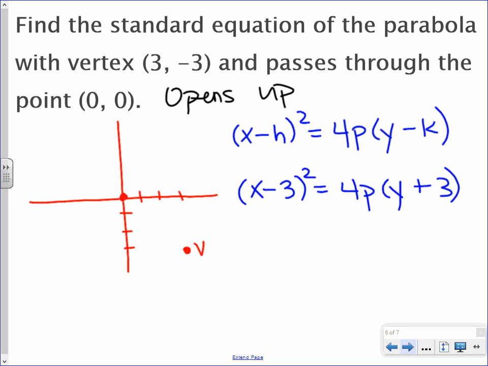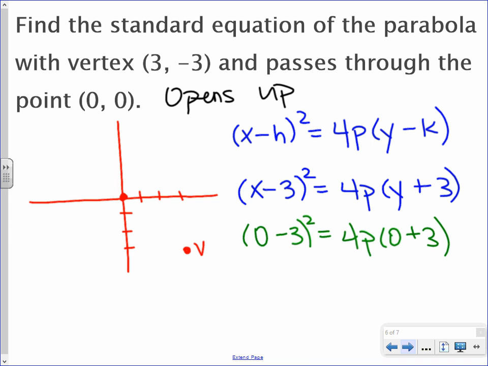Sounds kind of nice, doesn't it? If a point is on our graph, that means it satisfies the equation. So yes, we can plug 0 in for x, 0 in for y, since (0, 0) is a point on our graph. And that should satisfy the equation.